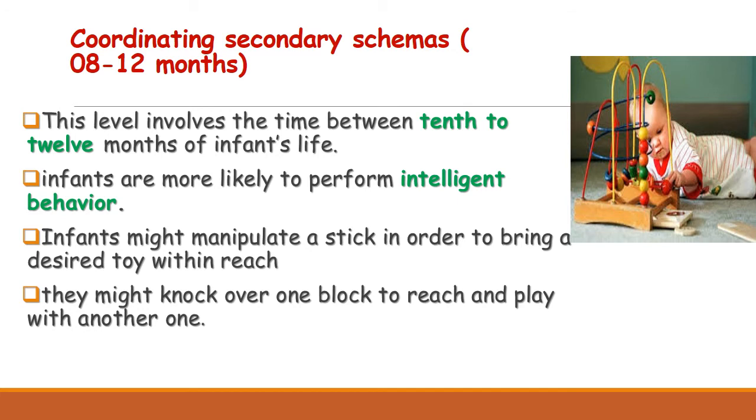In this stage, the infant becomes more object oriented. For example, in the second stage, the primary circular reaction stage, the child was bodily oriented. The main difference in the 4 to 8 month stage is that the infant becomes more object oriented. By chance an infant might shake a rattle. For example, in this picture, you can see the child is holding a rattle.